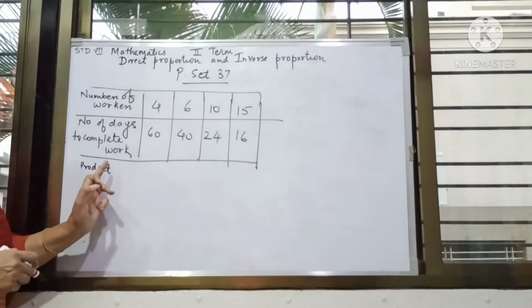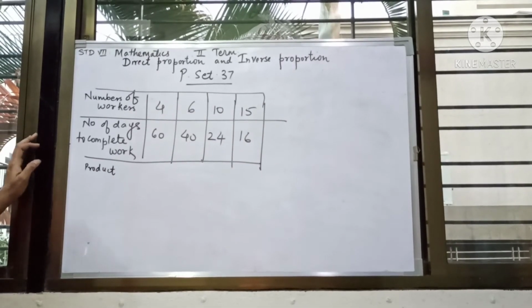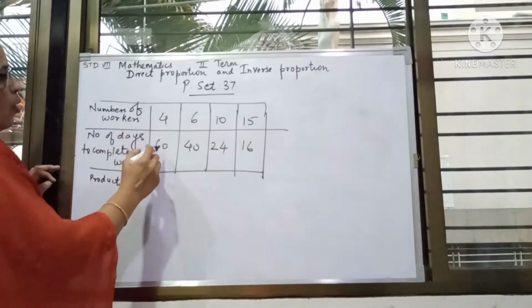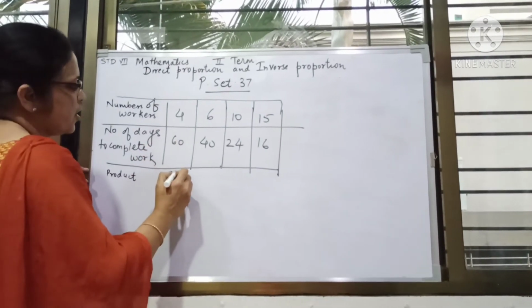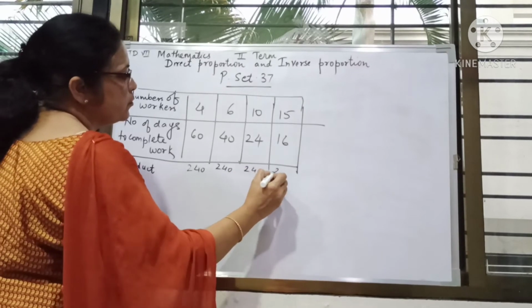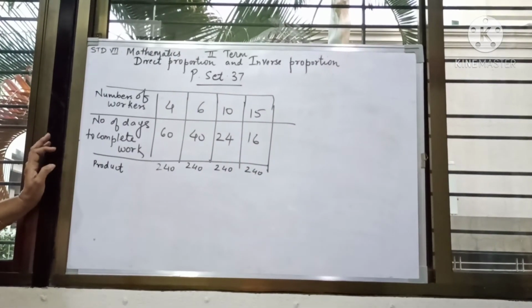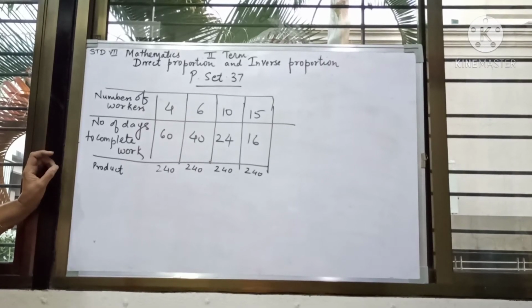So this type shows inverse proportion. And now if you find out the product, everywhere the product comes 240. So in inverse proportion, the product is same or constant.